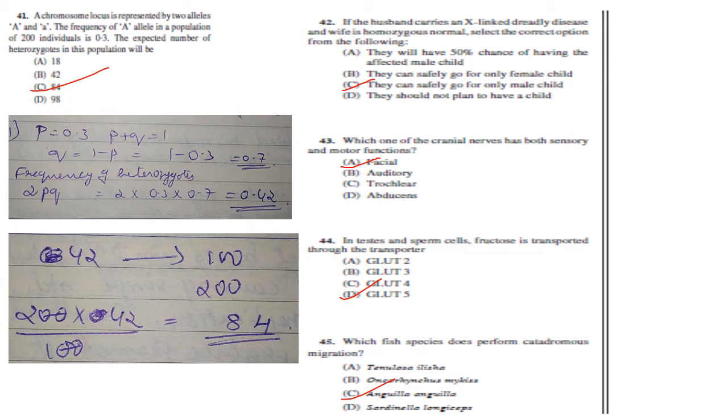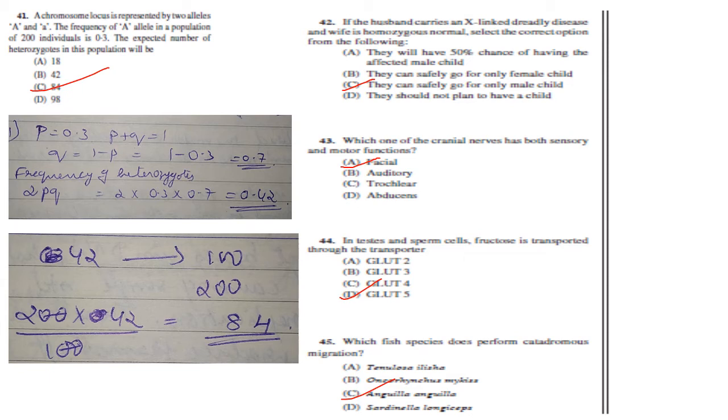Then in testis and sperm cells, fructose is transported through the transporter. So GLUT2, it is a facultative glucose transporter located in the plasma membrane of liver, pancreas, intestine, kidney cells, as well as in hypothalamus area. Then GLUT3, it is a major neuronal glucose transporter present in both dendrites and axon.